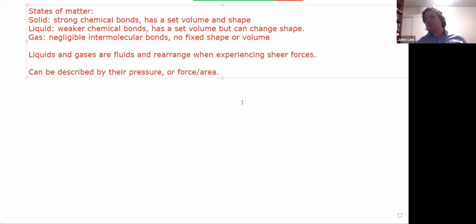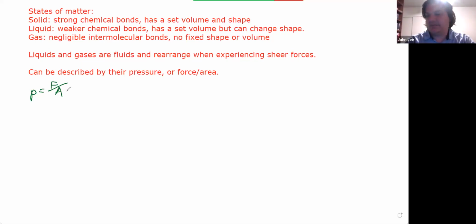So the way that we tend to talk about fluids and their properties, because this can change depending on the shape or the temperature or other factors, is that instead of talking about force or area or volume or the intermolecular bonds, we talk about the pressure, which is force divided by area. Pressure is just something that you can kind of see.